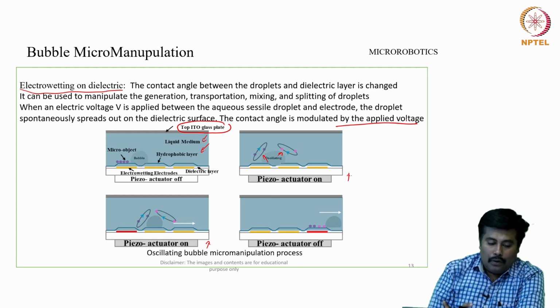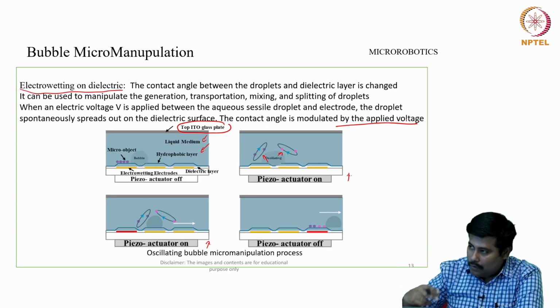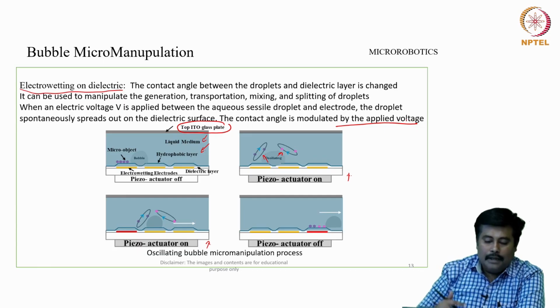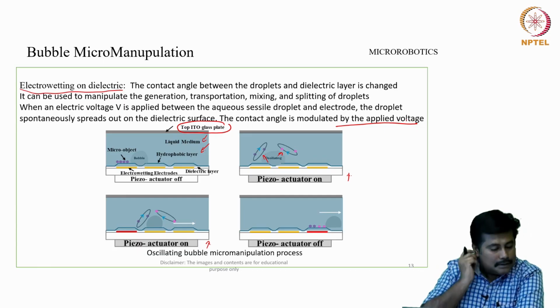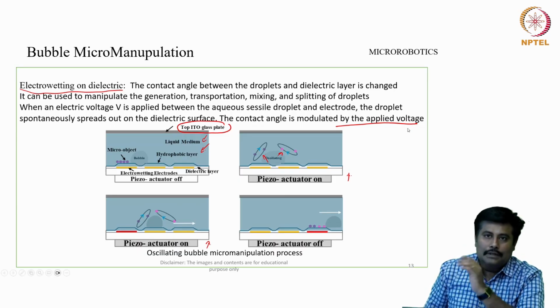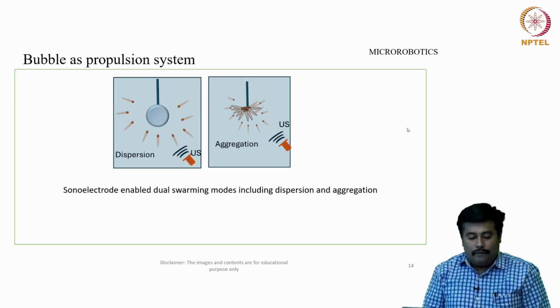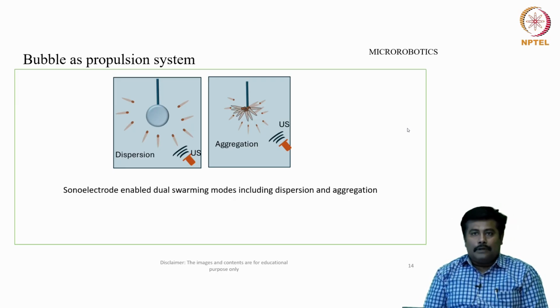So, the overall magnitude, frequency and displacement are completely taken care of by this electrowetting behavior, as well as the electric voltage applied on these piezoelectric structures. Now, this is a bubble based propulsion mechanism.